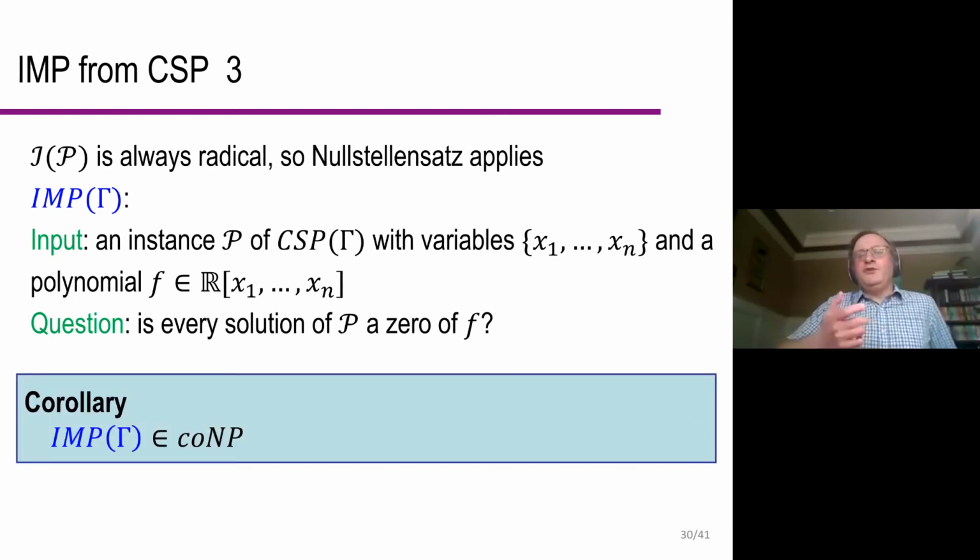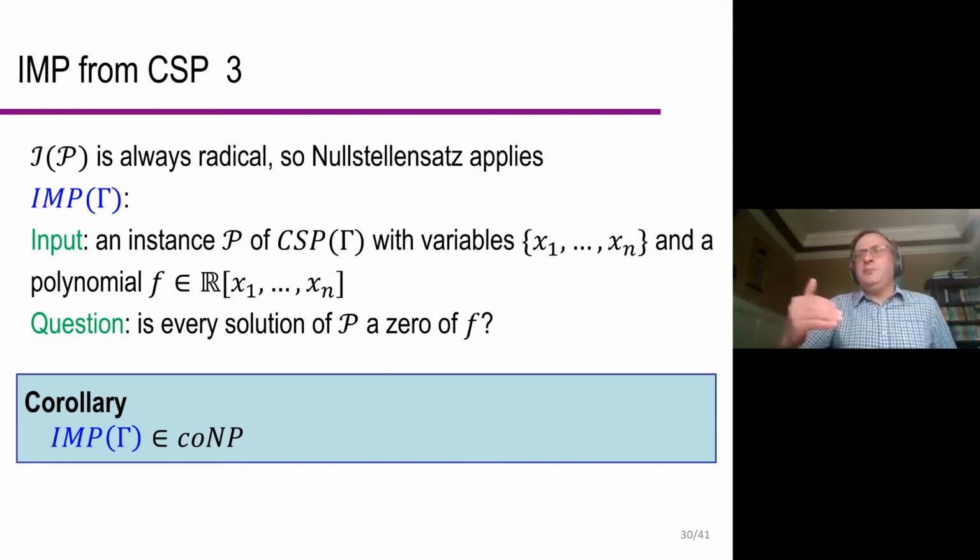If there is a solution of the CSP which is not a zero of F, we can guess it and check that in polynomial time. If I guess a solution of a CSP, I can check if it's a solution or not. I can just verify every constraint on it. And I can also verify if a given assignment is a zero of the polynomial or not. Which means that IMP of gamma always belongs to co-NP, and that's quite a bit of an upper bound on the complexity of the IMP.